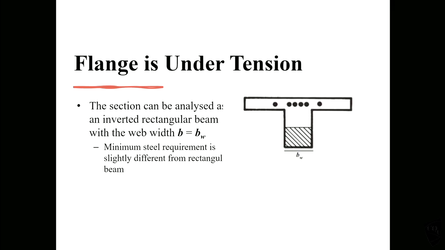We provide the steel on the top section, bottom part under compression. So when we work out the equations, if you remember last week, the rectangular sections, we always draw the top part under compression, bottom part under tension.